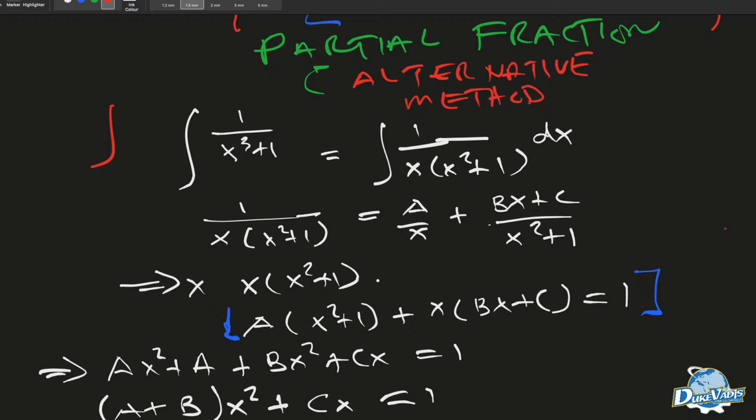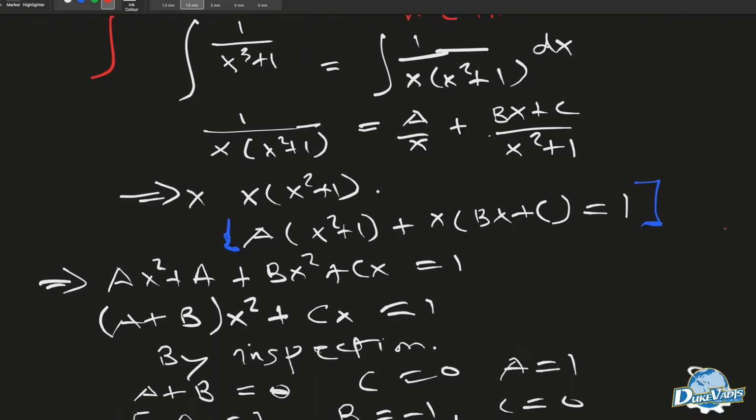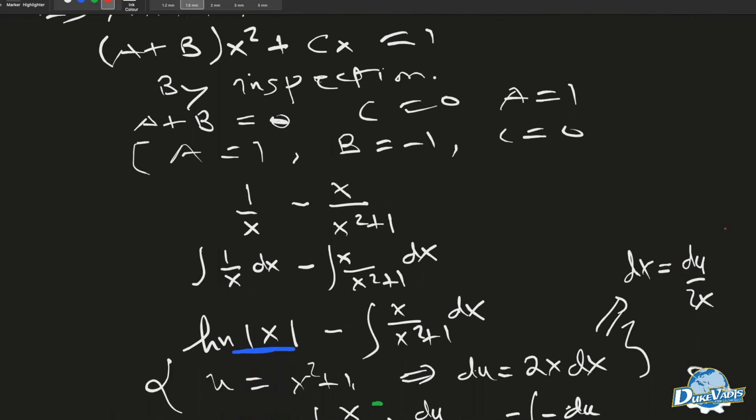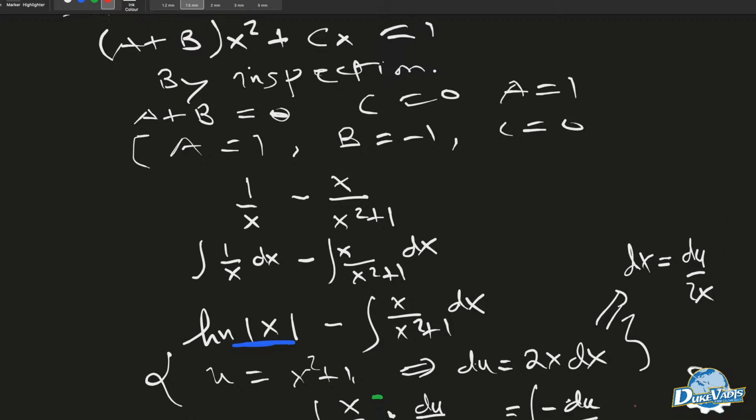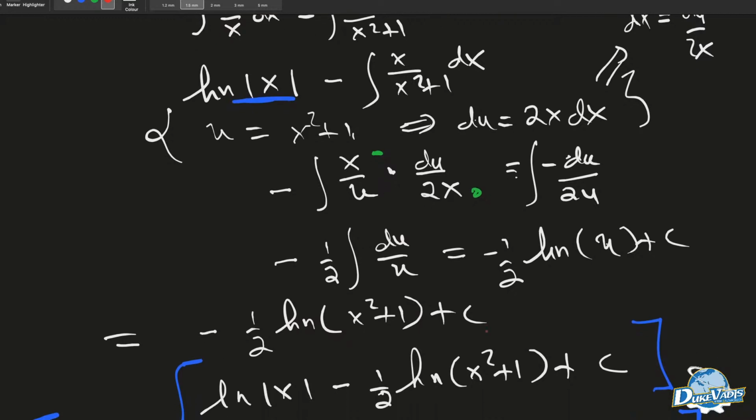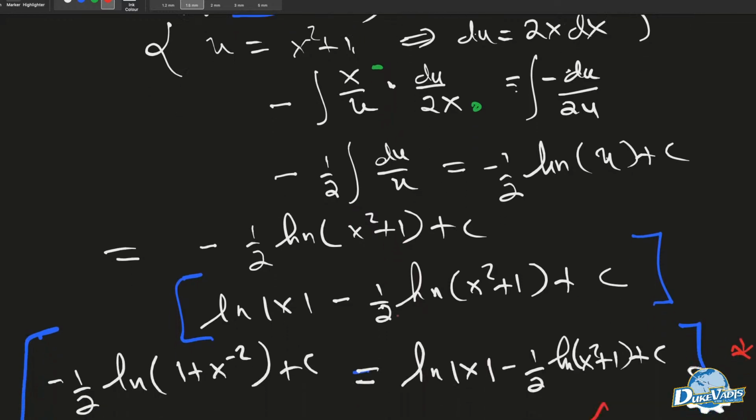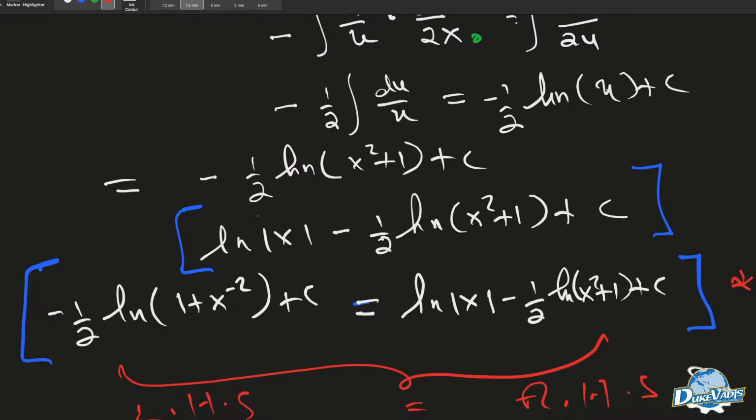We followed every process and eventually we got our values of A, B, and C. We substituted into the equation, then we got to negative half integral of du over u, and since we know that when we integrate 1 over u we get the natural log of u, our answer eventually got down to this.